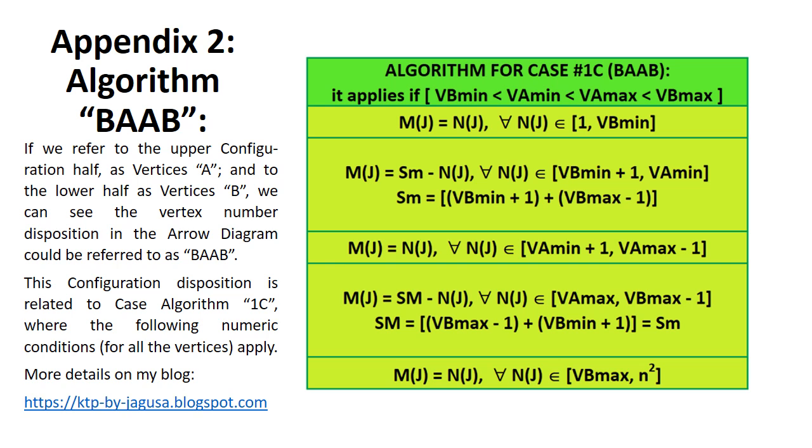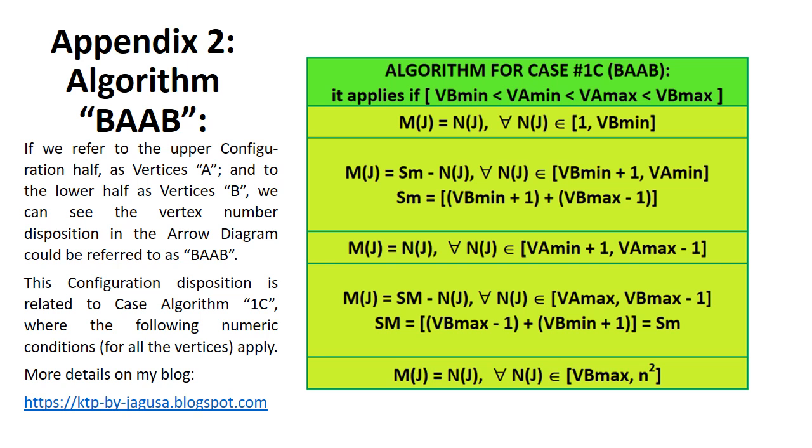Algorithm for case 1C, B, B. It applies whenever vertex B minimum is lower than vertex A maximum, which is lower than vertex B maximum. Then, Mj equals Nj, for every Nj within a set going from 1 to vertex B minimum.